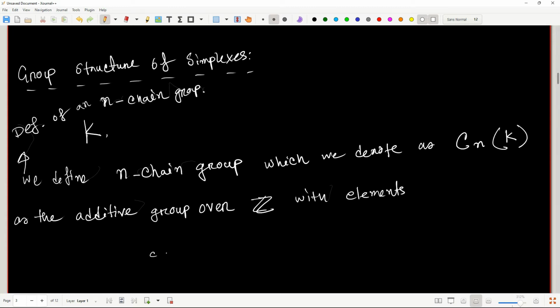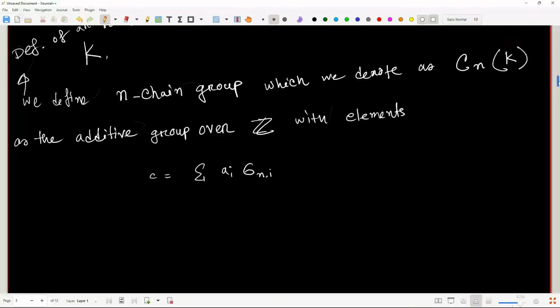Let's call this element small c, such that this is, let's say, k_i. Okay, let's use another. Let's use a_i sigma_{n,i}, and we will explain what this means.